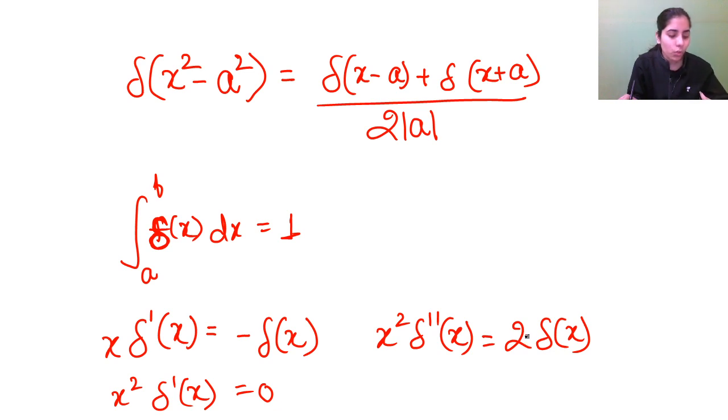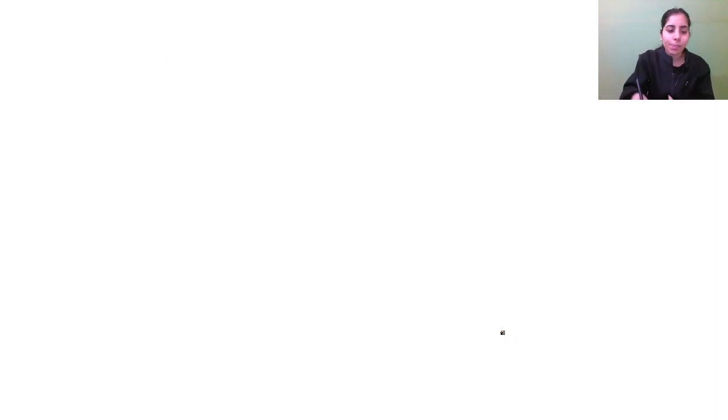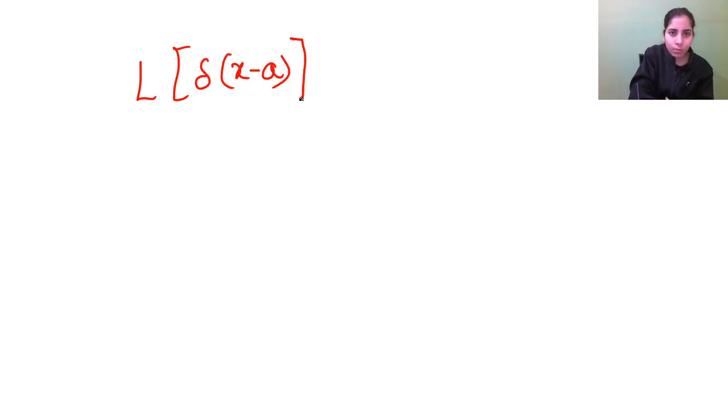If I am going to tell you the Laplace transform of the Dirac Delta function, of this kind, delta x minus a, clear? What will be the Laplace transform? It will be e to the power minus s a. This is the Dirac Delta function's Laplace transform, which we can directly write in this form.